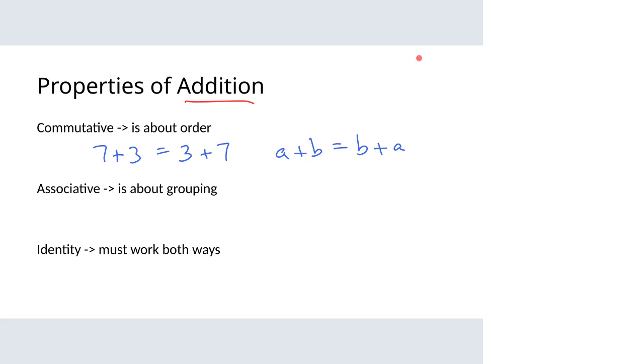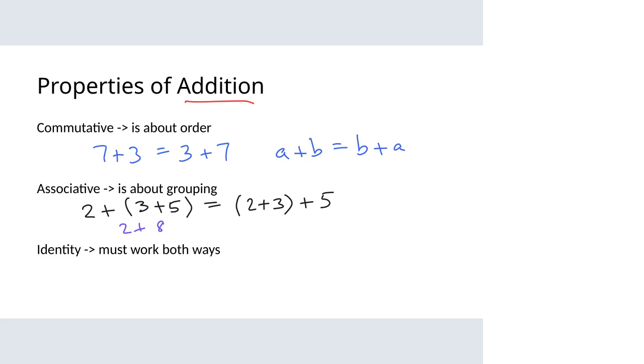The associative property. The associative property is about grouping. For example, if we say 2 plus (3 plus 5), that is equal to (2 plus 3) plus 5. And just to sort of prove that to you, we'll take a little detour here just for a second. On the left-hand side, we would do what's in parentheses first, following order of operations. So we would have 8.